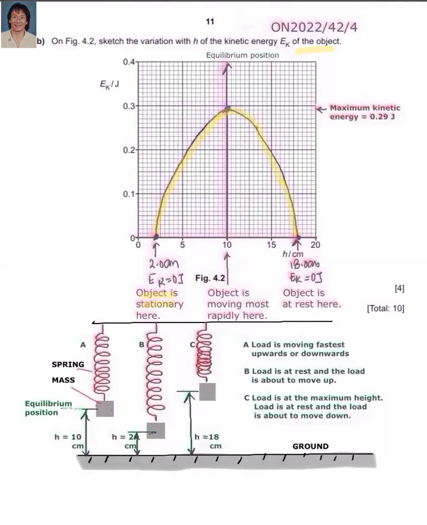At the equilibrium position, the object is moving most rapidly, either up or down. When the center of the mass is 18 centimeter from the ground, the kinetic energy is 0 because the object is at rest at the extreme points.